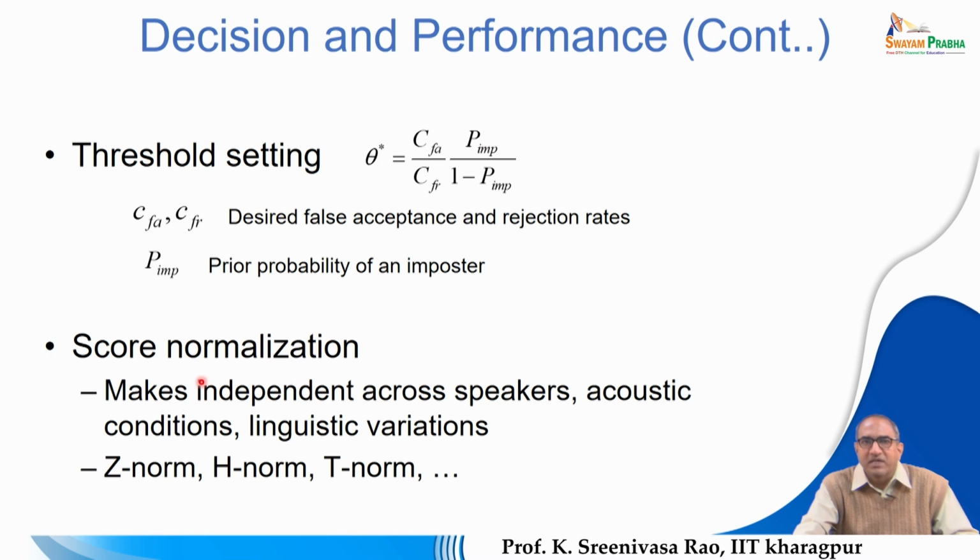And for score normalization, when you are deriving the scores or the probabilities, we need to carry out various normalizations. T norm means transmission channel normalization, H norm means handset normalization, Z norm means zero normalization.